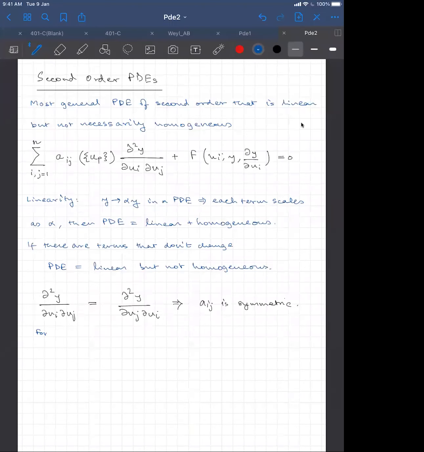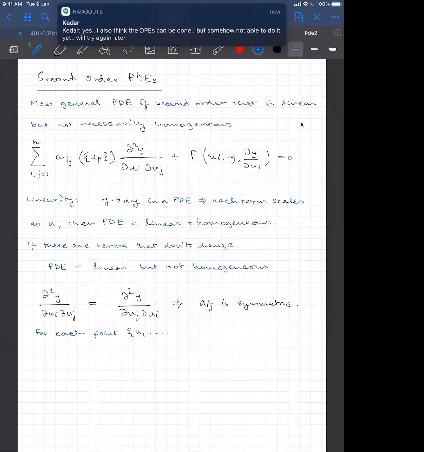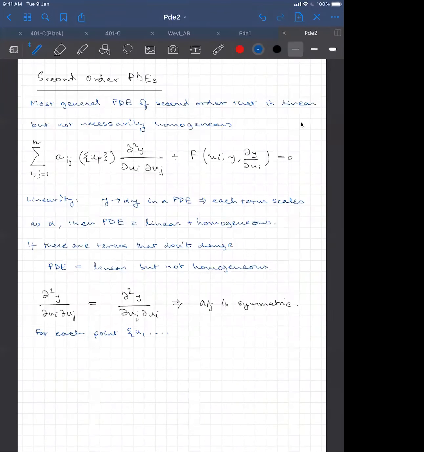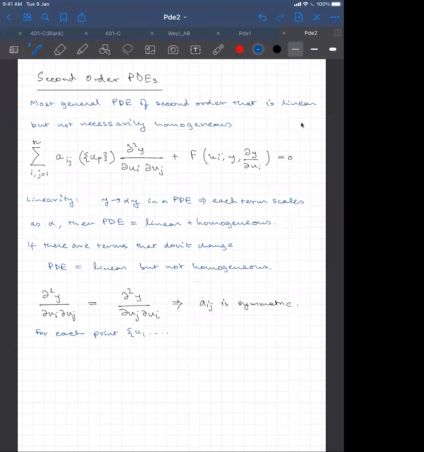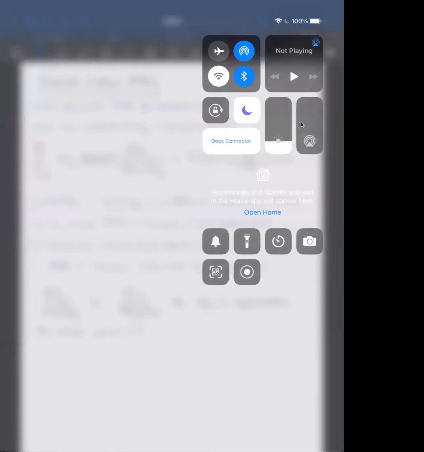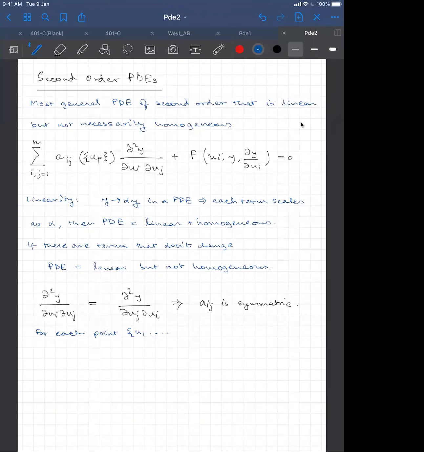So for each point, aij is a real symmetric n cross n matrix, and hence the eigenvalues are real.